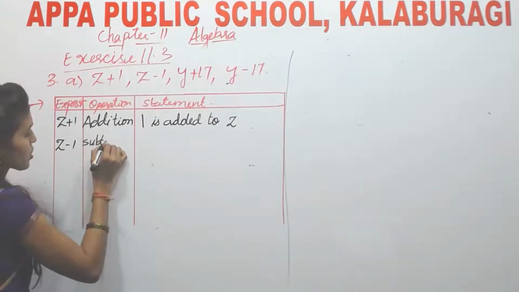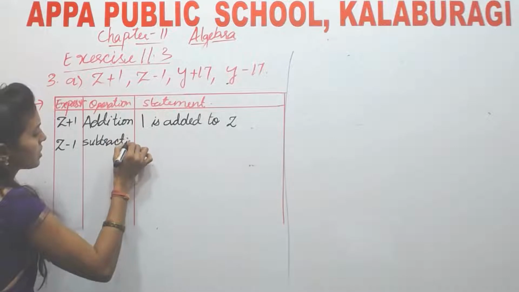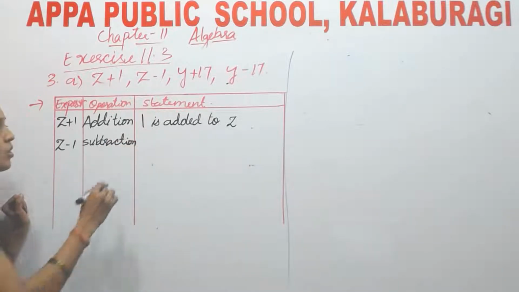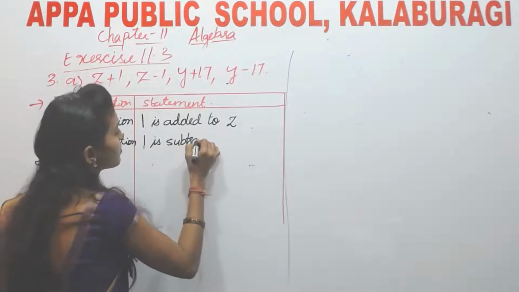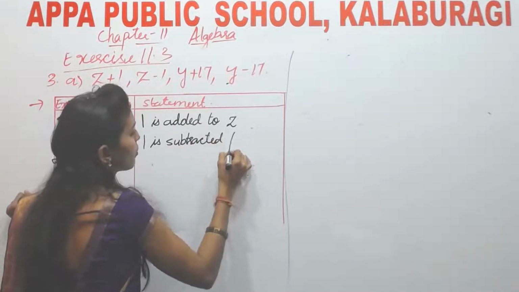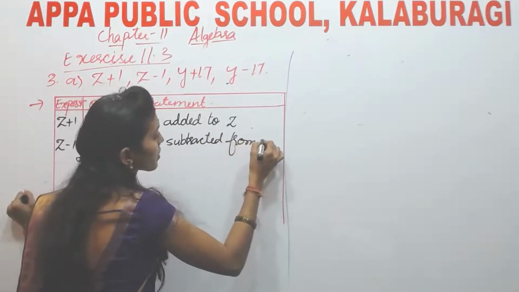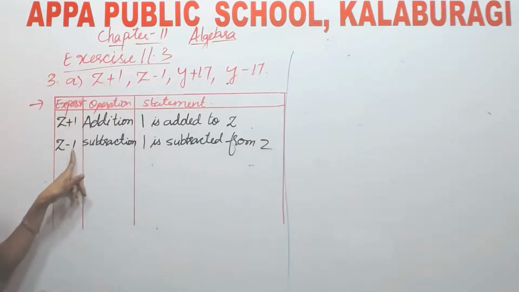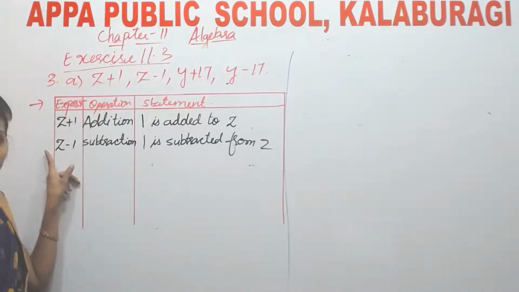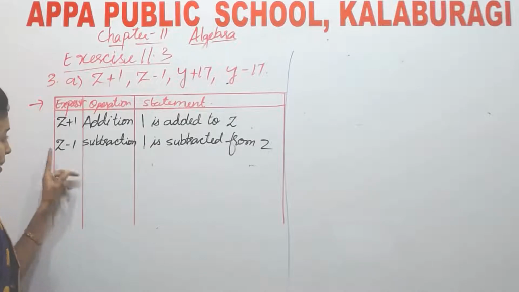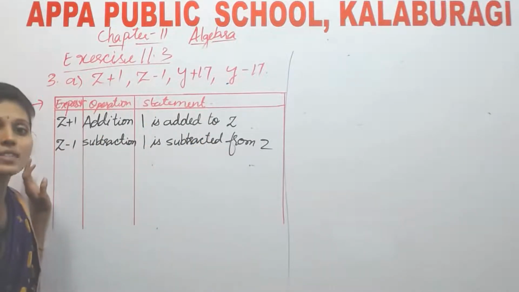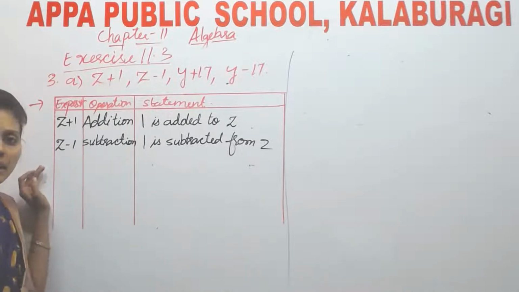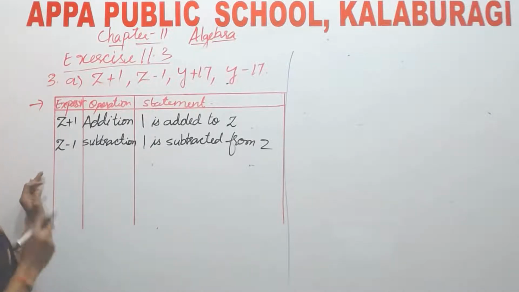Operation is subtraction. 1 is subtracted from Z. If you don't get this, imagine a number instead of Z, since Z is also a number, but we don't know which.